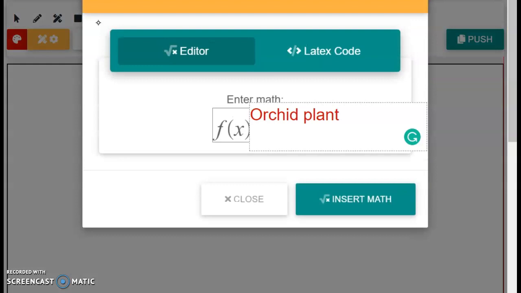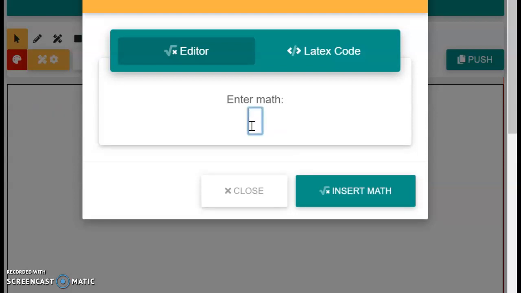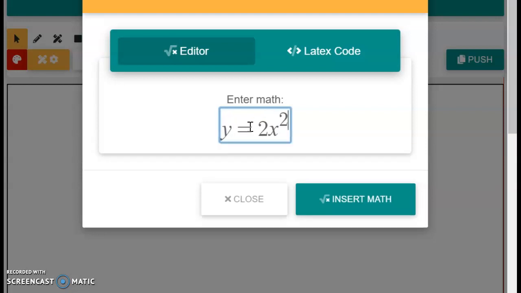Say I wanted to put in an equation that looks like y is equal to 3x squared plus 5 or something like that. Then I can use my keyboard. I erase what was in the box, and then I write y is equal to, say, 2x, and for the exponent I use the caret, which is on the shift key with number 6, 2x squared.